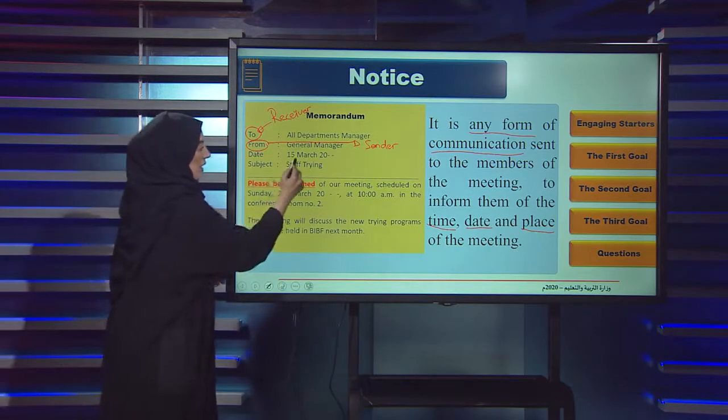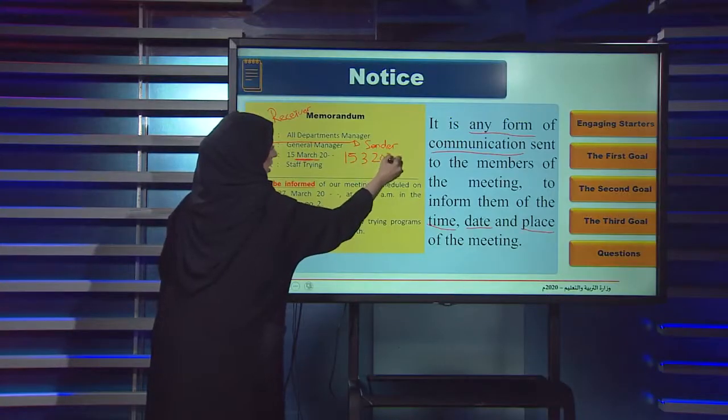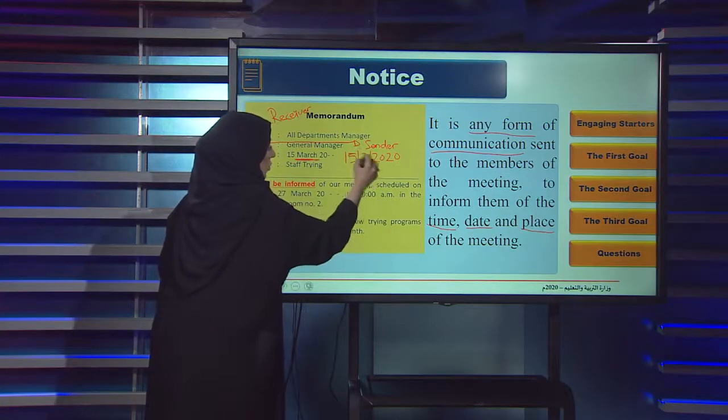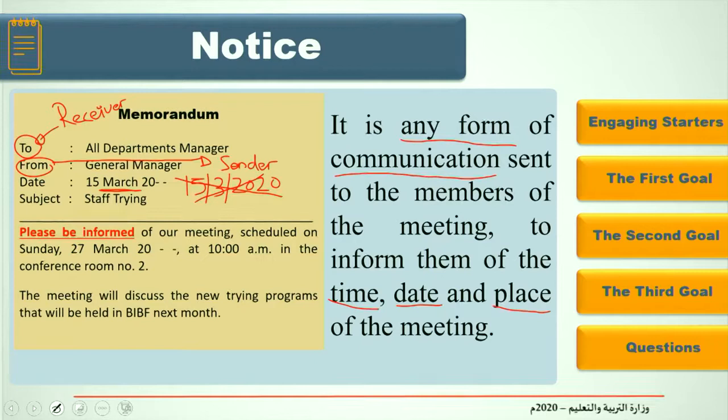On the date, look at the month. It must be in words, okay? You shouldn't write it like this. This way is wrong. The month must be in words. And the subject, what's the meeting about? You're going to find it from the question itself.